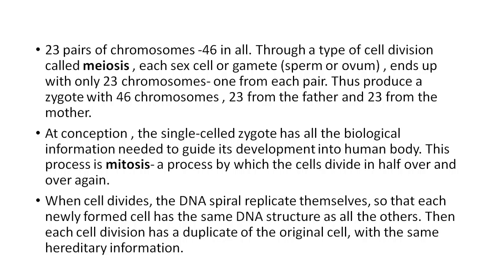This new cell, called a zygote and only the size of a pinhead, is the beginning of a human. Conception has occurred: a sperm cell and an ovum each contribute 23 chromosomes to the zygote to give it 46 chromosomes total, organized into 23 pairs.